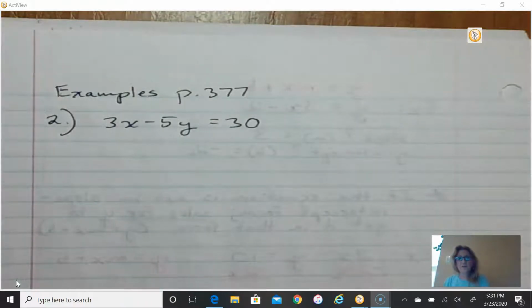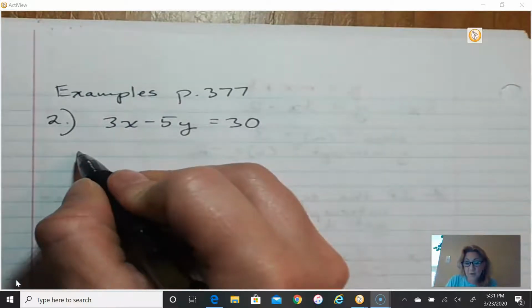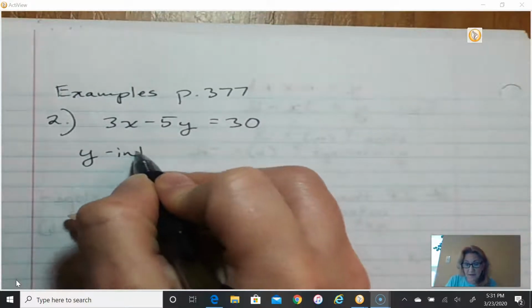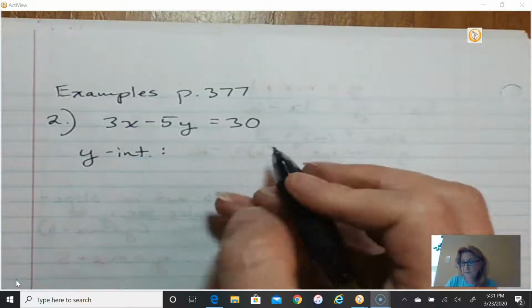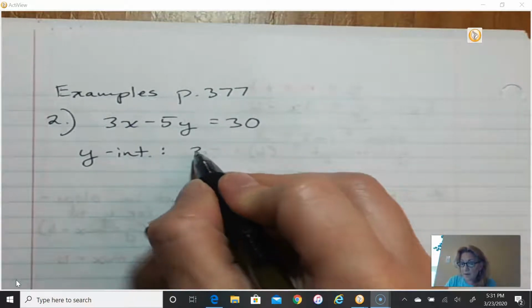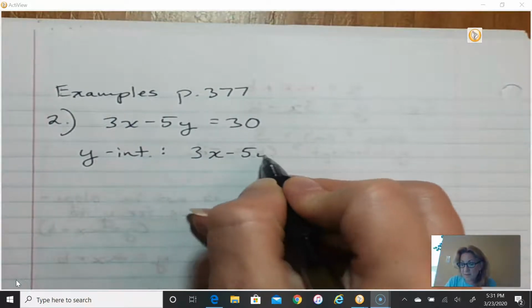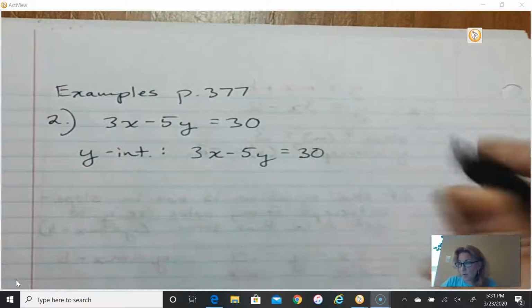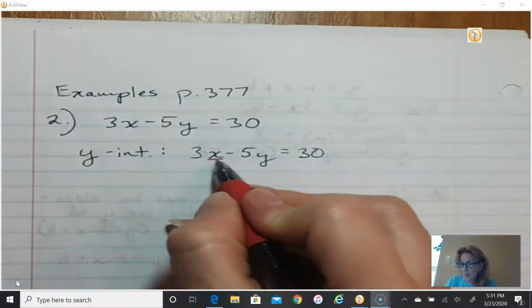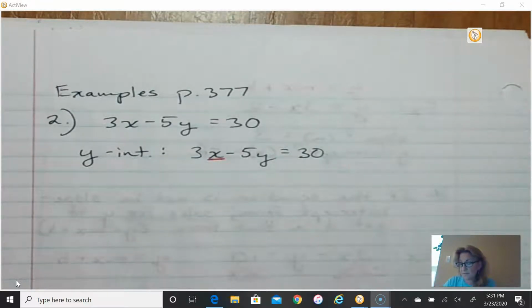Okay, so remember to look for the x and y intercept. And I don't know why kids always forget. We're going to be substituting zeros. So y-intercept, I'm going to rewrite this. We're going to substitute 0 right here.